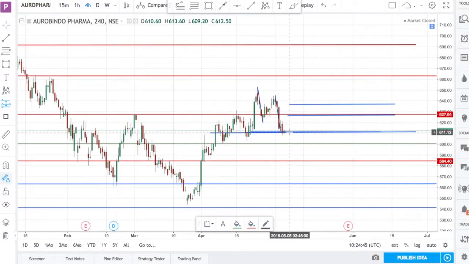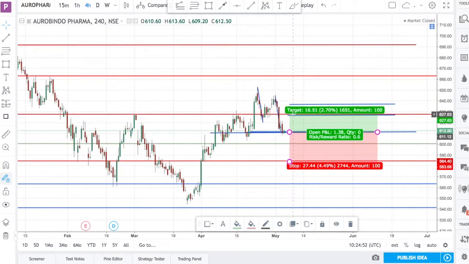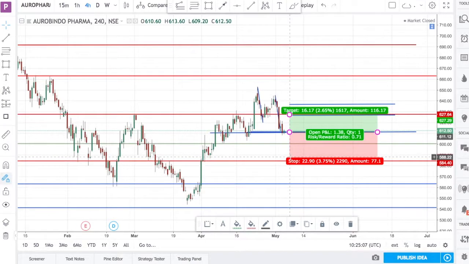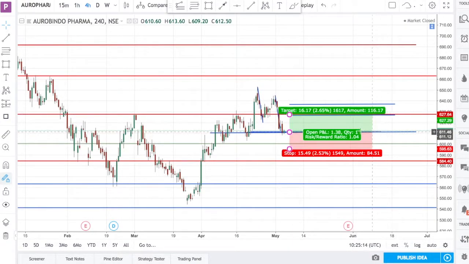Imagining we place the trades right at the opening in the next trading session, our first target would be this, with a stop loss just below this minor level of resistance.